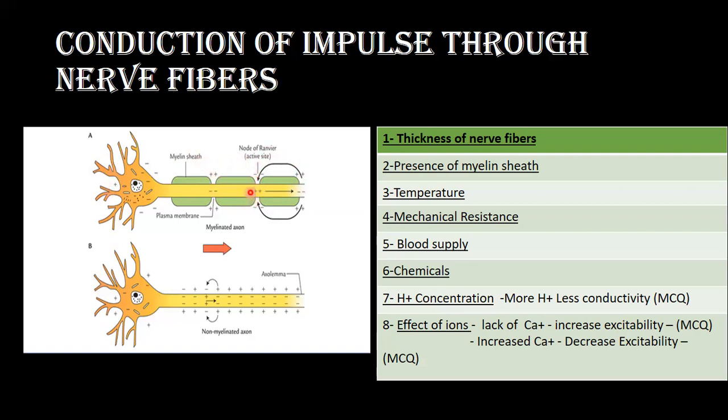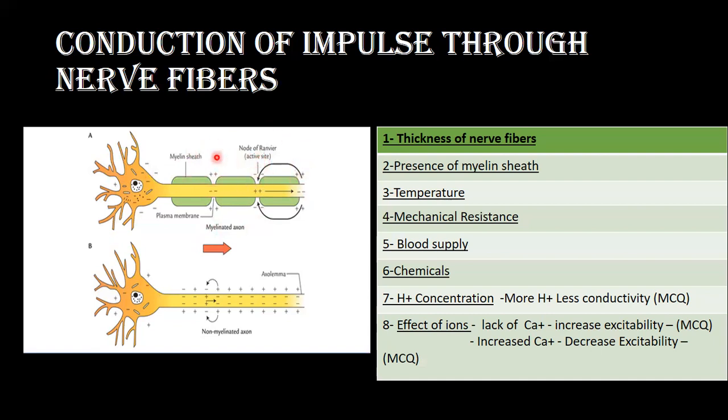The action potential at one end sets up the current in the surrounding tissue fluid, and quickly it depolarizes the next node, and so in the myelinated axon there is the jumping of action potential or the nerve impulse from one node of Ranvier to the next node of Ranvier.